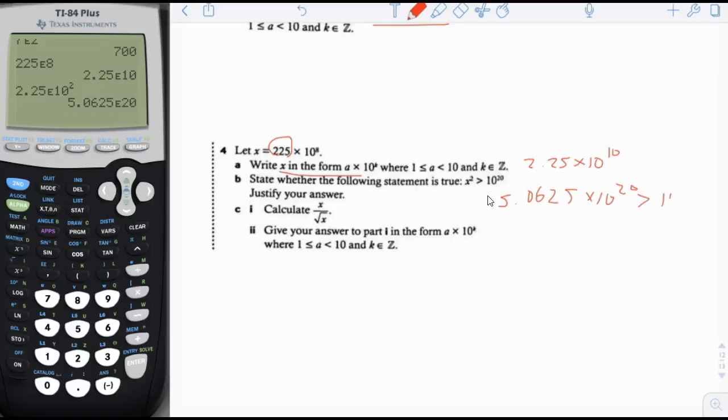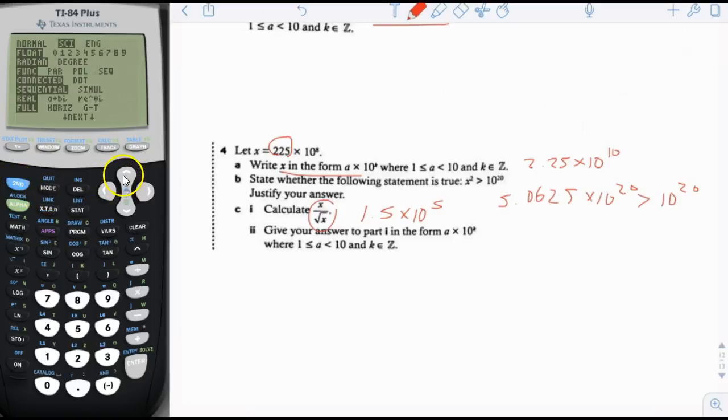Okay. Now calculate x divided by the square root of x. So we'll do x divided by square root of x. And we get 1.5 times 10 to the 5th. What is that, by the way, in normal mode?